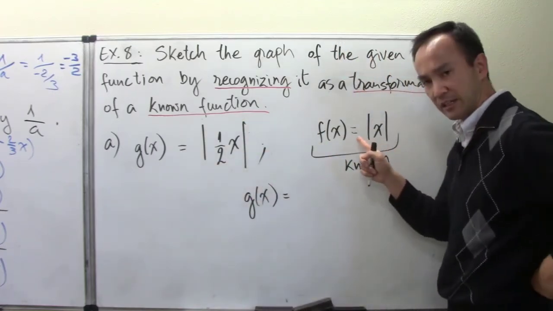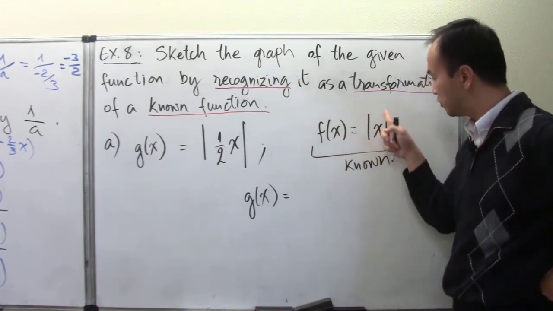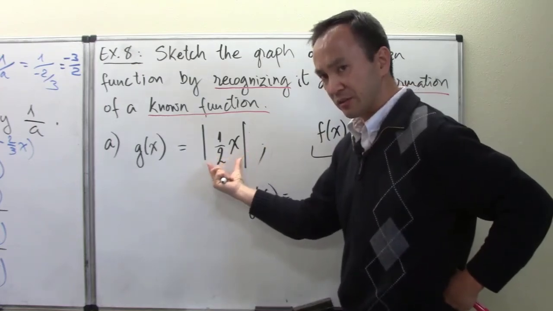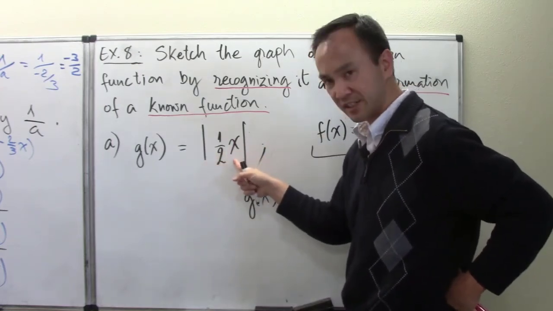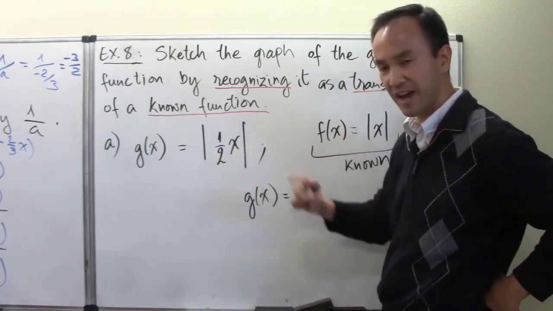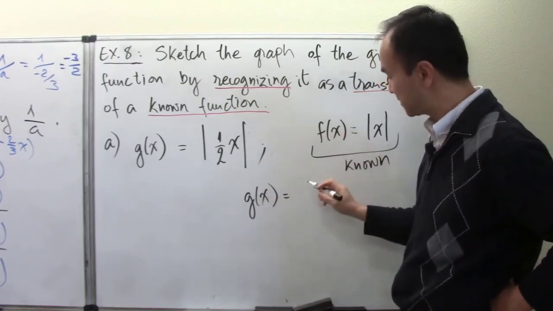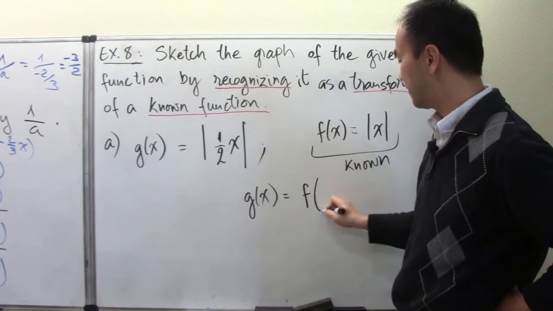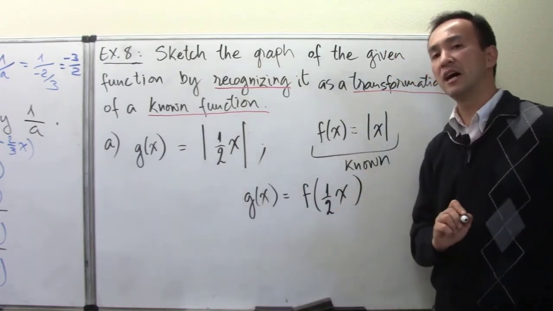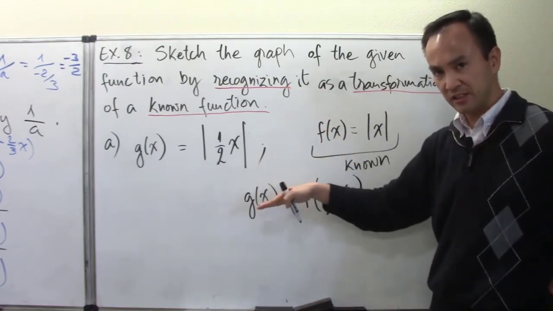The rule for f of x says for every input, we take the absolute value of that input. Here, it seems like we just substitute 1/2 x for every input of f of x, and that's how we end up with 1/2 x. Now I'm more firm that g of x is related to f of x by this rule: it's f of 1/2 x.